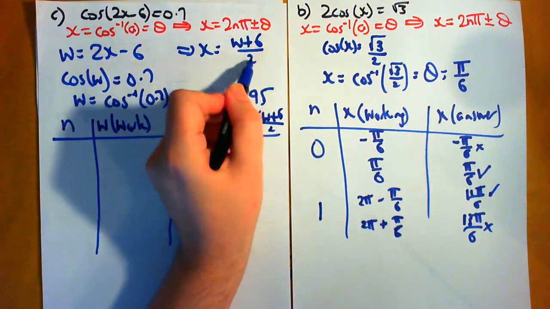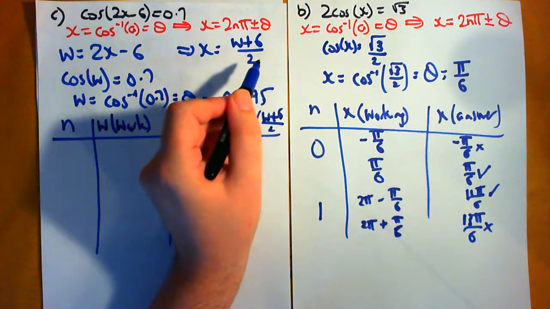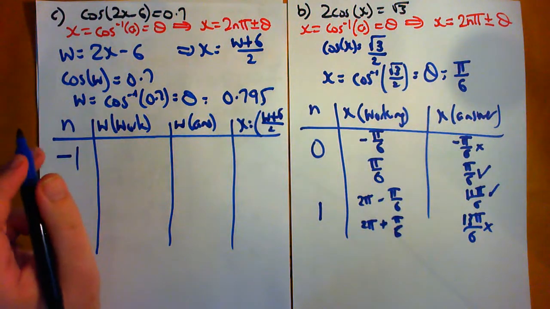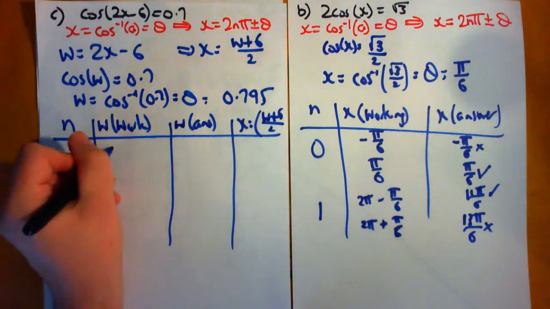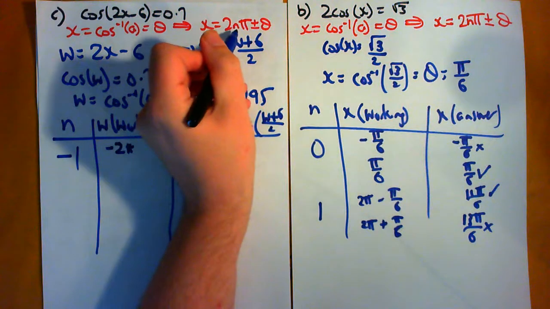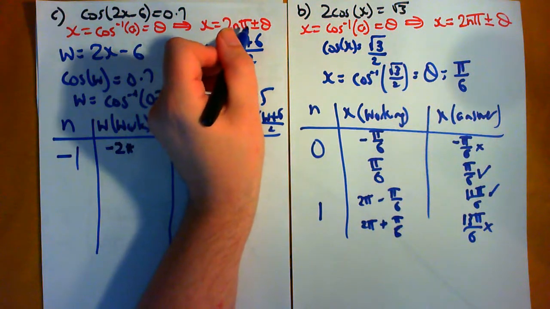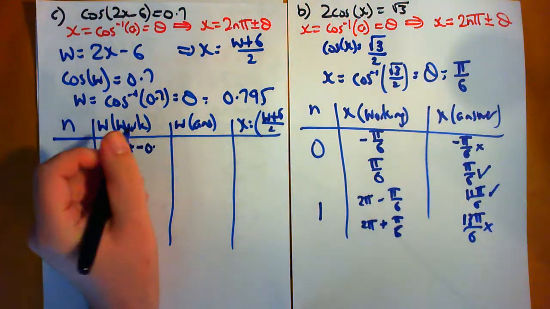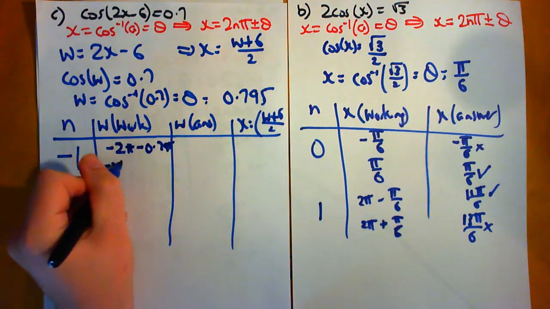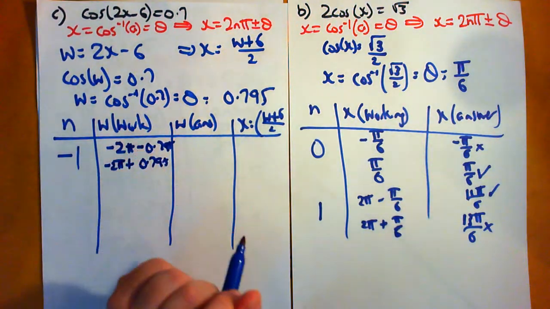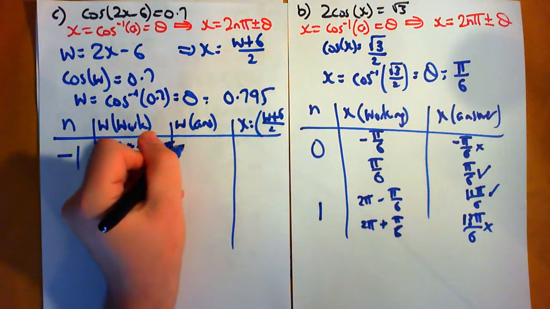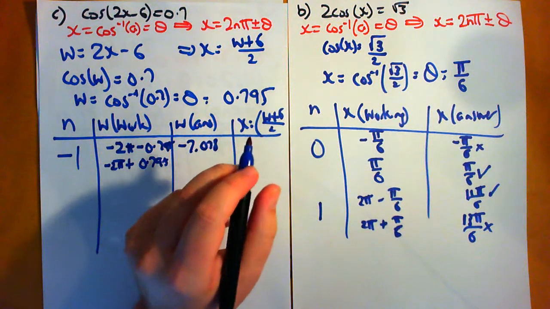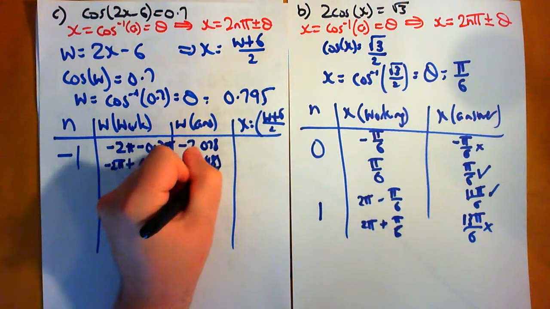Because of this plus 6 divided by 2 bit being relatively large, I'm going to start with n being negative 1 here. So for n being negative 1, we get negative 2 pi, because n equals negative 1 makes 2 times minus 1 times pi negative 2 pi, minus 0.795, and minus 2 pi plus 0.795. If we calculate those, we get minus 7.078 and minus 5.488.